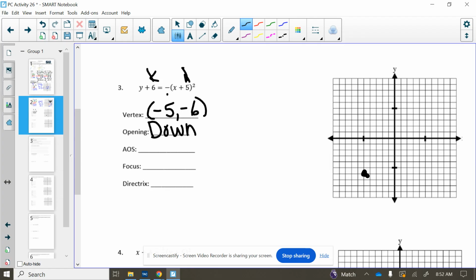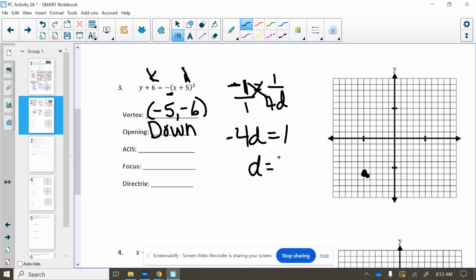Now notice this time we just have a negative out front. That's basically telling us that -1 would be that value on the outside, or again just 1 if we're thinking about 1/4d. So in this case, if we cross multiply and solve, it's -4d equals 1.